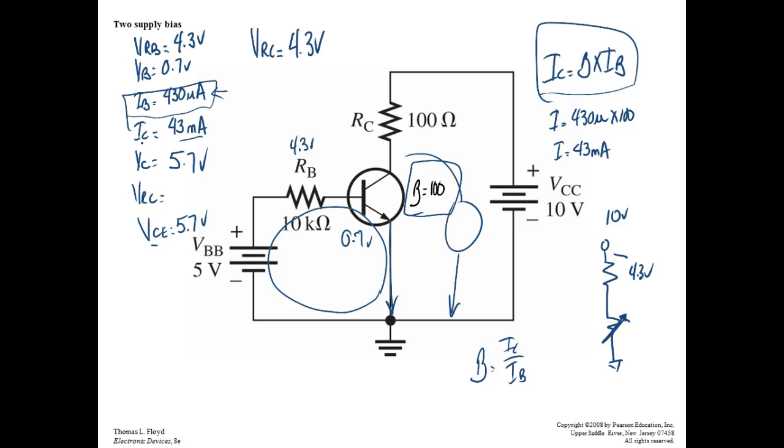What's going to get us from this side over to that side? The beta. If I know the beta and I know the base current, what unknown do we have? We don't know IC, right? So we can solve for IC.